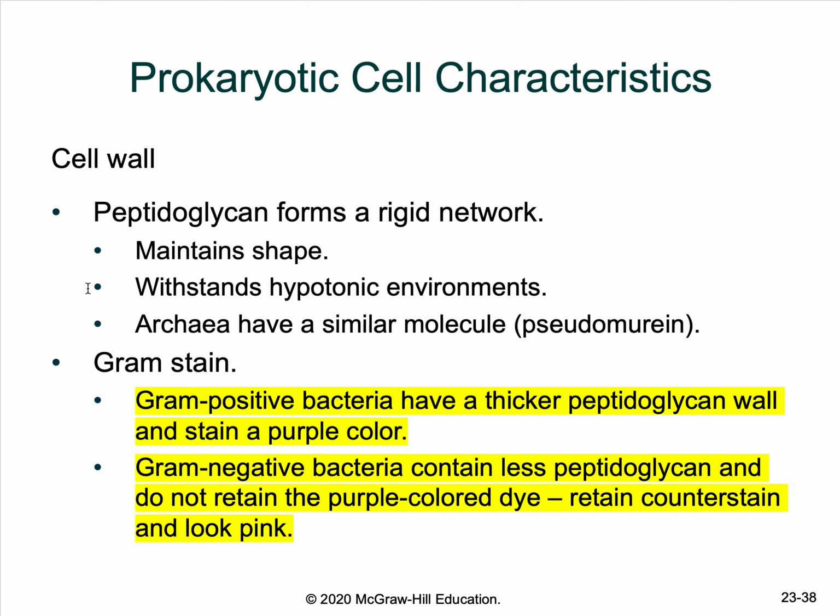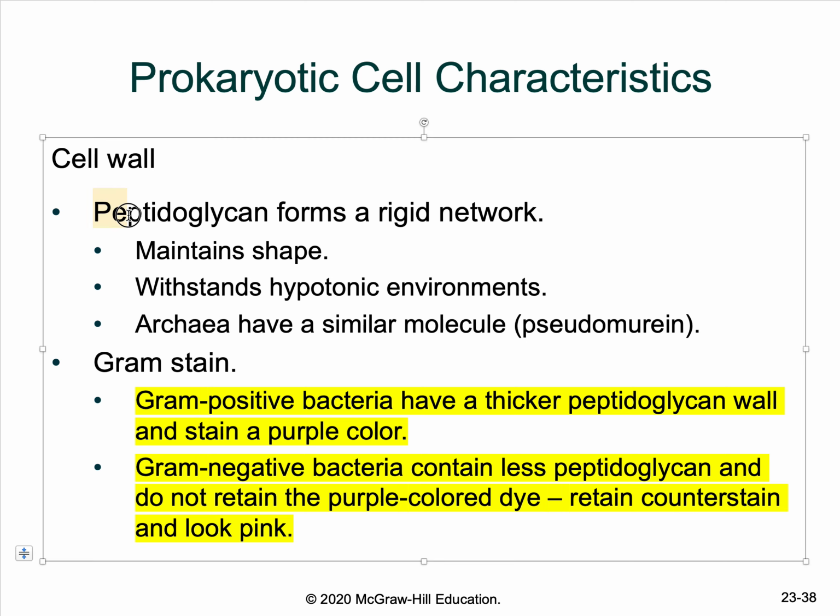Prokaryotic cells have peptidoglycan, which is proteins, and some of the prokaryotic cells have more peptidoglycan than others. And so we distinguish those between gram stains.